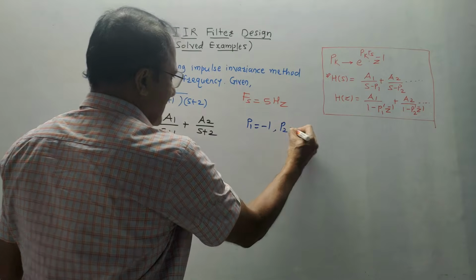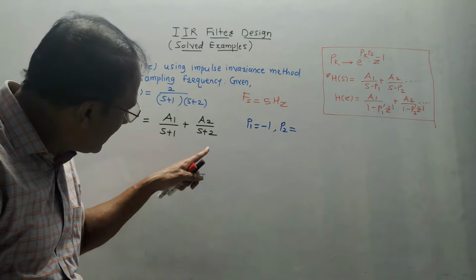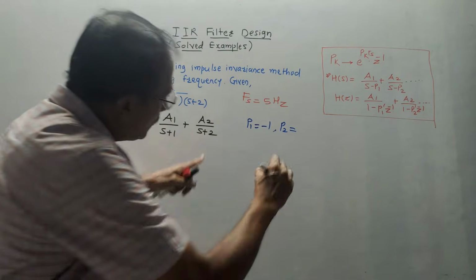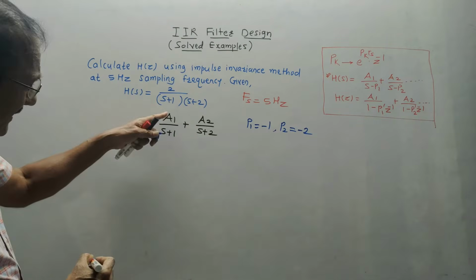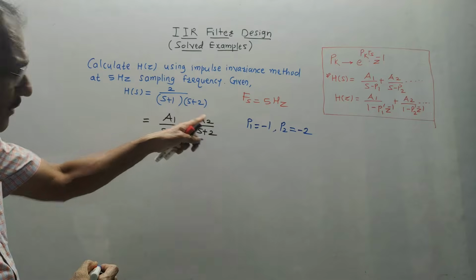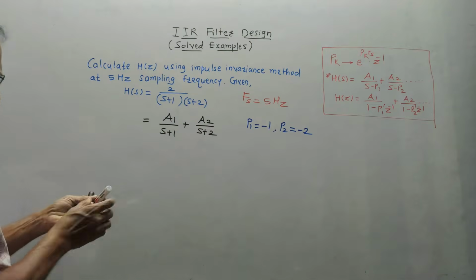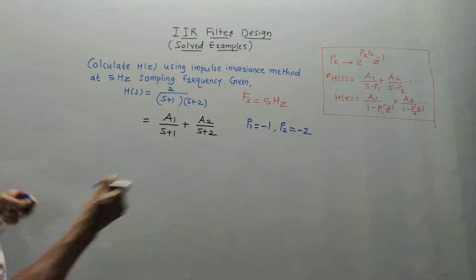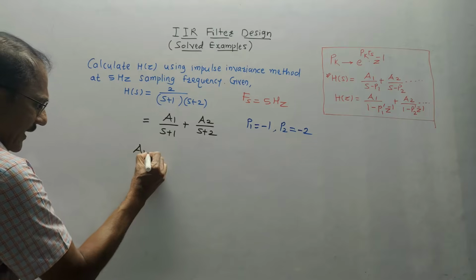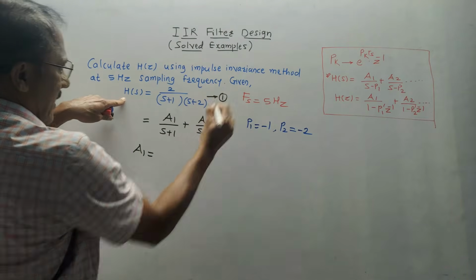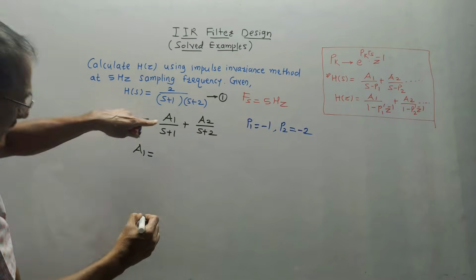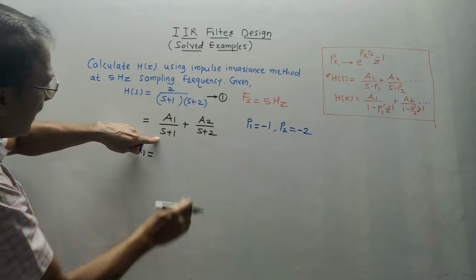Similarly, P2, that is the second pole related to the second term, given value is s plus 2. So change the sign, it is minus 2. Now, our task is first to calculate the values of A1 and A2 using partial fraction expansion. How to do it? If I want to calculate A1, I am referring to this given equation, say equation number 1. To calculate A1, the denominator of A1 is s plus 1.